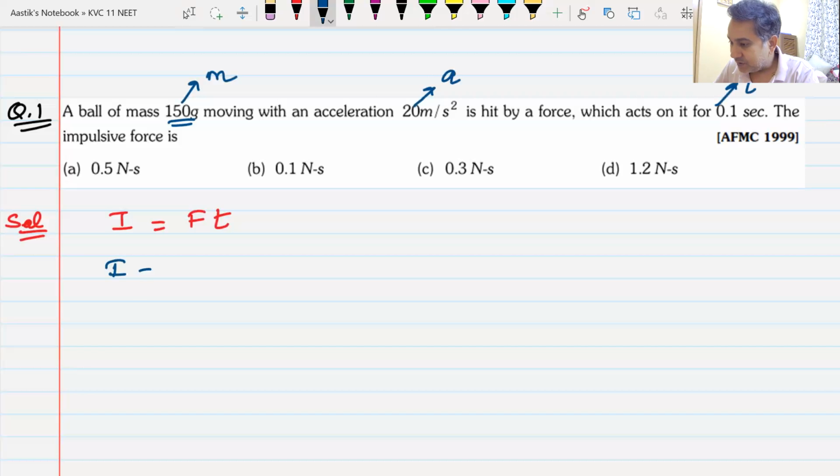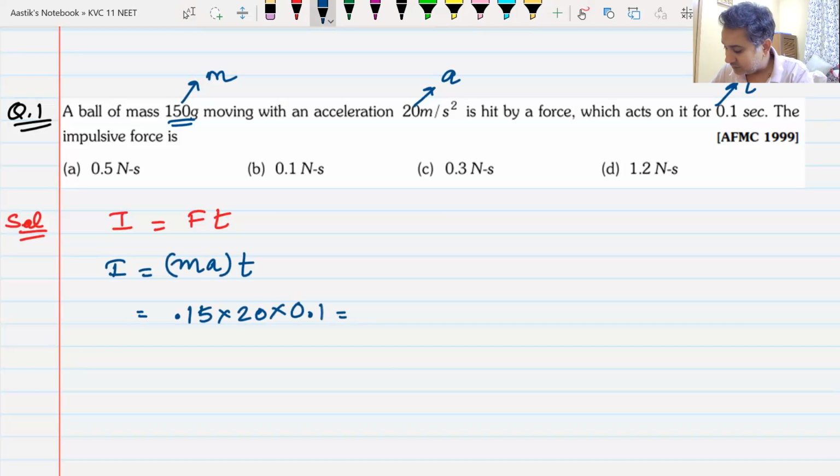To get the impulse, you find out the force, which is mass into acceleration, and multiply it by the time t, and you are done. The only thing you have to remember is it is 150 grams, so convert into kilograms, 0.15, multiplied by acceleration 20, multiplied by time 0.1, and you have your impulse, 0.3 Newton second.